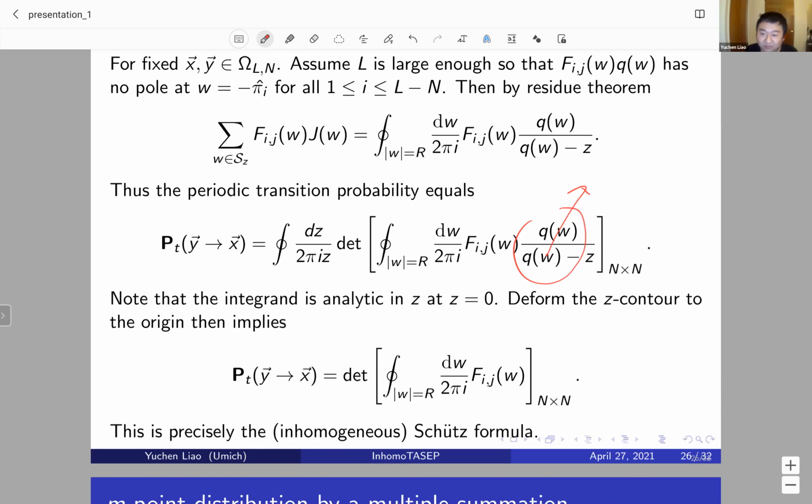So this is, what should I say, the simplest level of how one derives the full space formula from the periodic formula. Maybe a little bit overly simplified, but that's what happens.